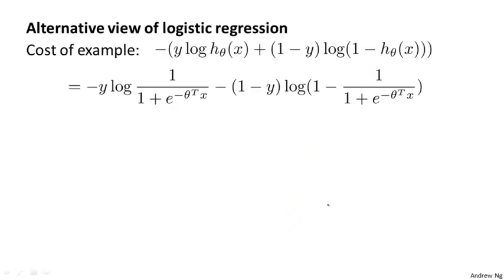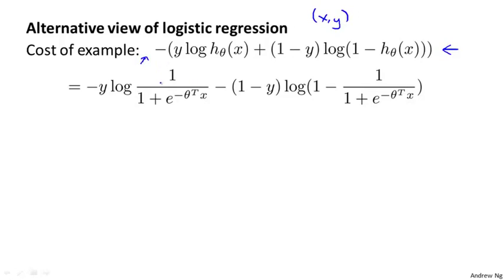If you look at the cost function of logistic regression, what you find is that each example, x comma y, contributes a term like this to the overall cost function. Right, so for the overall cost function, we would usually also have a sum over all the training examples and a 1 over m term.